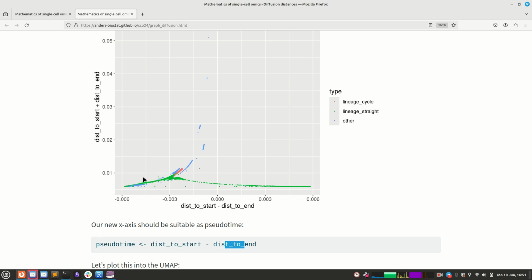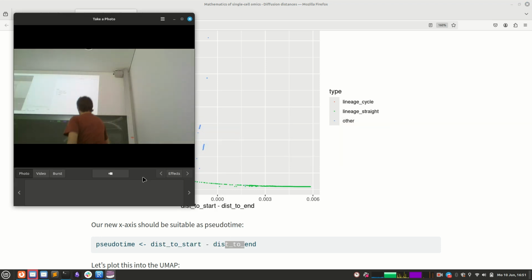And that's a nice thing about this diffusion pseudotime, because whenever you have branching trajectories, imagine you have some stem cell which can either differentiate into this cell type or that cell type. Now you pick a start cell here and an end cell here, and you make this plot to check what's the distance to this start cell and what's the distance to this end cell.